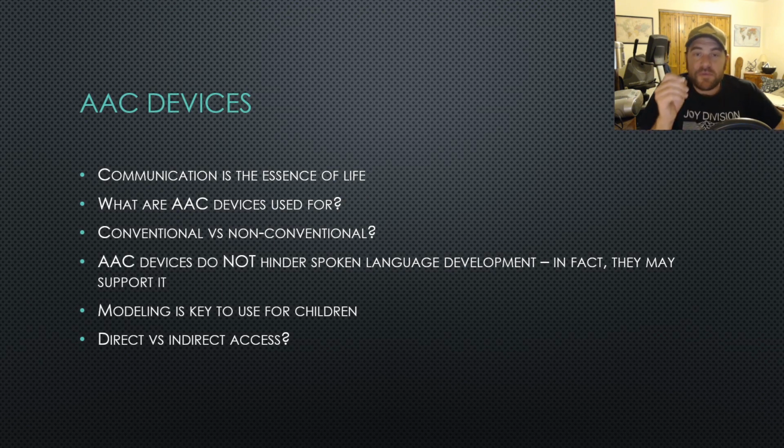Anyway, being able to communicate is one of the key things that you should be able to do as a person. It's really the essence of living. Communication in some form, not necessarily spoken or written, but some form of communication. Oh, I remember what I was going to say here. We talked about this when we talked about patients with aphasia. Remember, it's very unlikely that you'd be able to get these patients back to their pre-aphasic state.